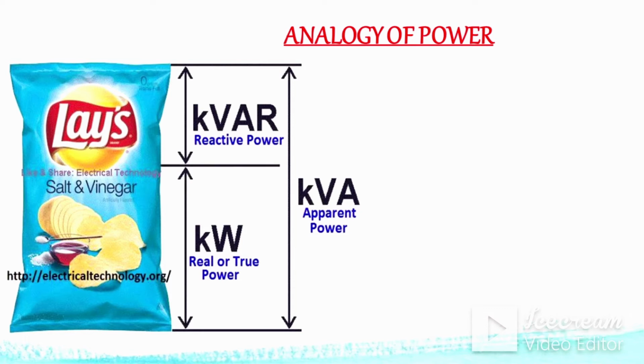So here we can realize that the potato chips which are actually consumed are analogous to the active power or true power, and the air which is required to preserve the potato chips for a longer duration of time is analogous to the reactive power. The total of the reactive power and the true power is nothing but the apparent power, which is measured in kilovolt ampere.